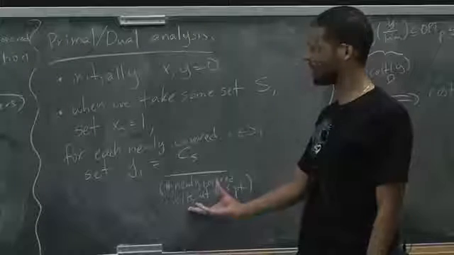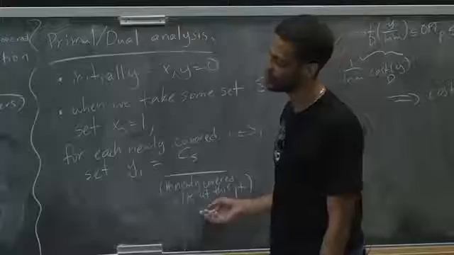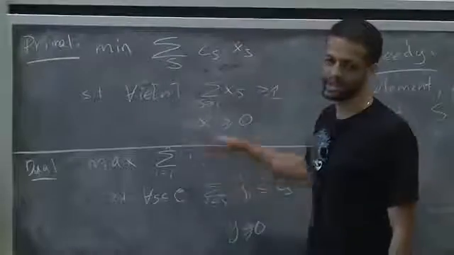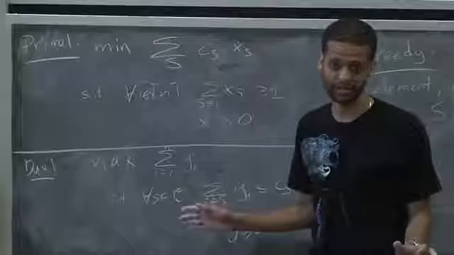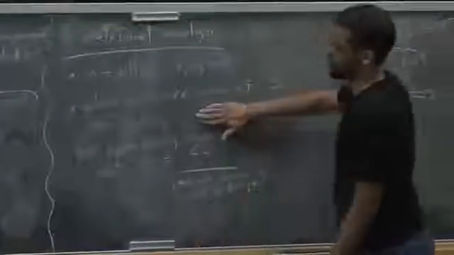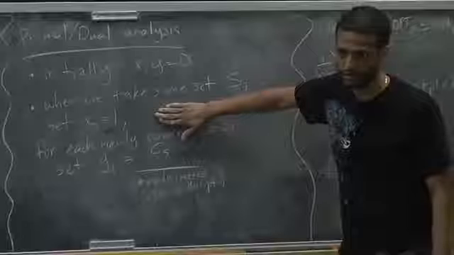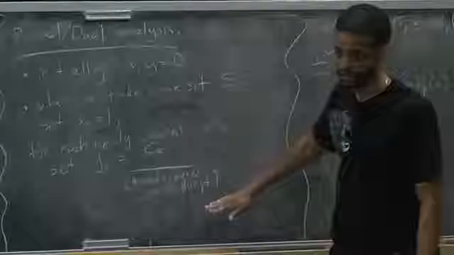So for each newly covered element, we set its y_i to be the cost of S over the number of them, which means they share it, which means that the primal and dual costs are exactly the same in these solutions we're building. Now the primal is obviously feasible, but the dual will not be feasible.